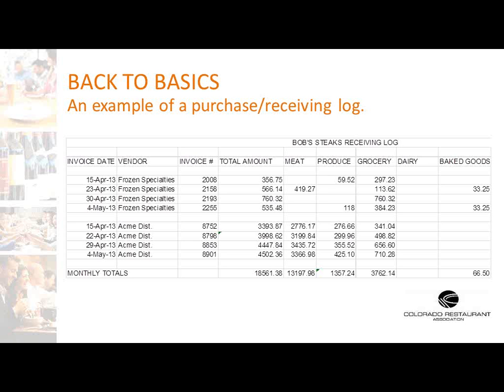I remember working for the old La Bola chain 25 years ago, and that's how they did it. And it really does isolate problems. We can spend a day trying to find 1, 2, or 3 points in food costs, but when you have your categories isolated, then if the meat category spikes, you know that you have a problem either in the way we recorded the receiving log, or maybe it's in the actual pricing, or maybe instead of writing down 50 pounds of tenderloin, we wrote down 5 pounds by mistake.